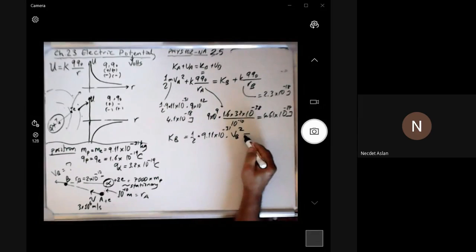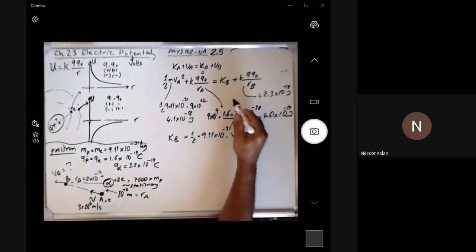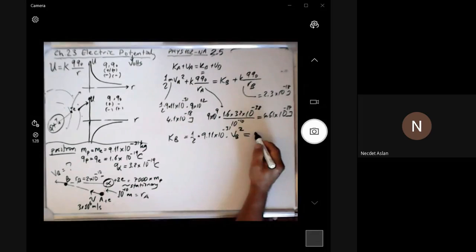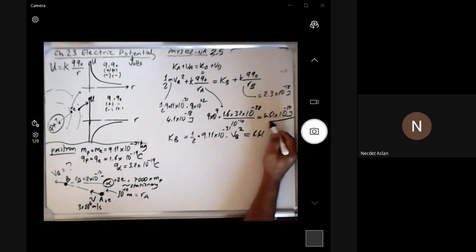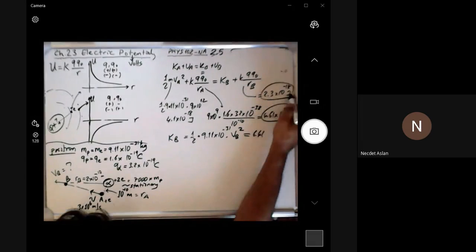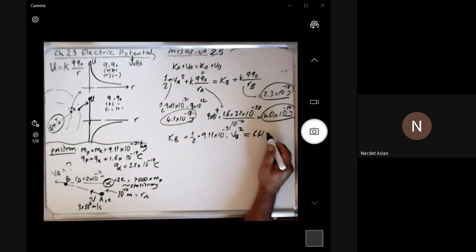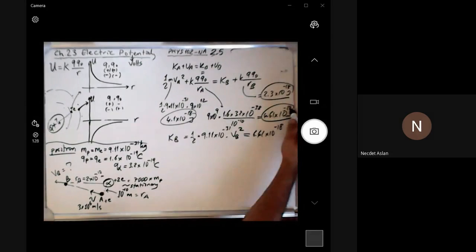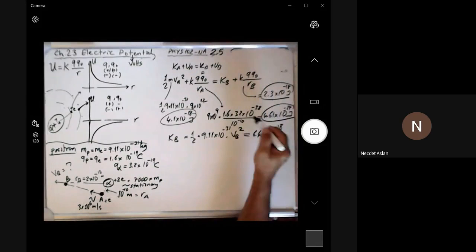This is what we have to find, but this KB is given as just 6.41 times 10 to the minus 18. If you put all these numbers together, this is exactly what we get. As you see, all the exponents are 18, so it's easy just to add them up or subtract.